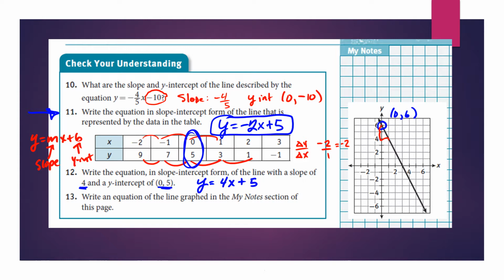So my slope is -2 over 1, which is -2. So I'd have y equals -2x plus 6 for the slope-intercept form there.